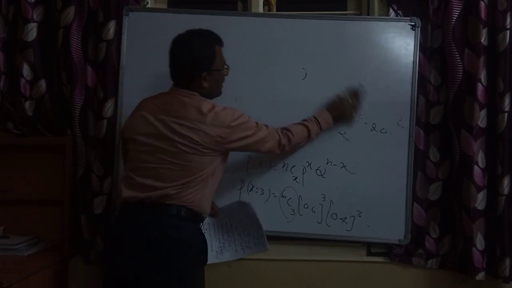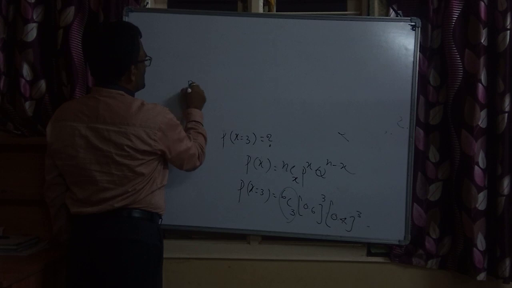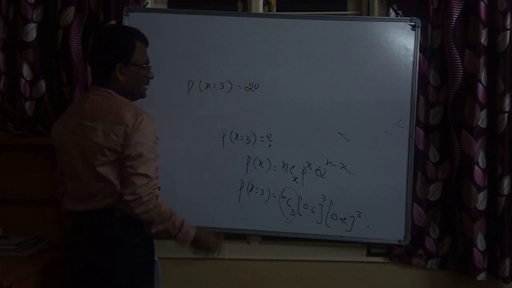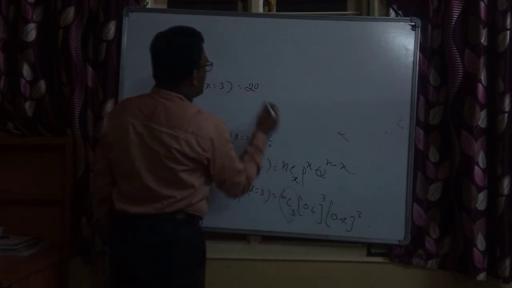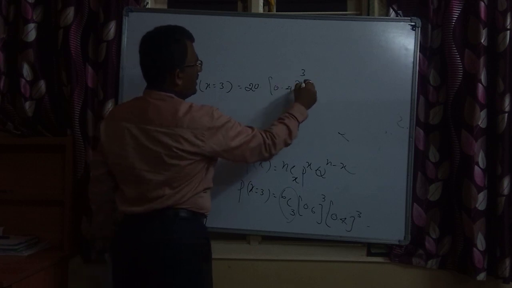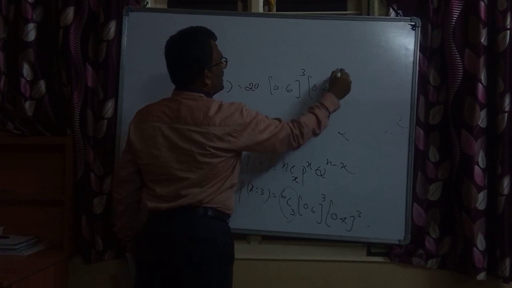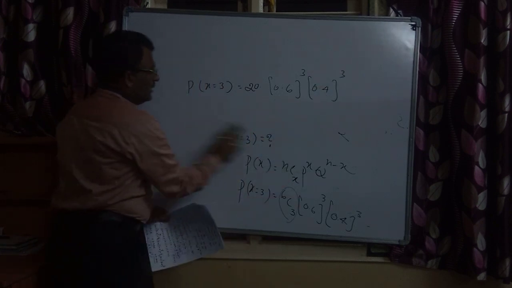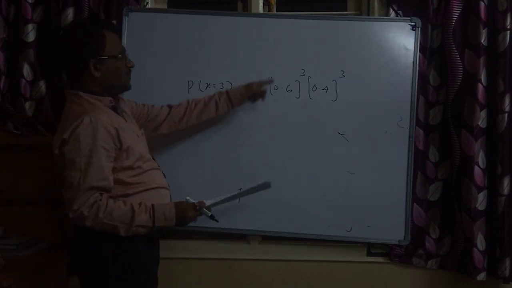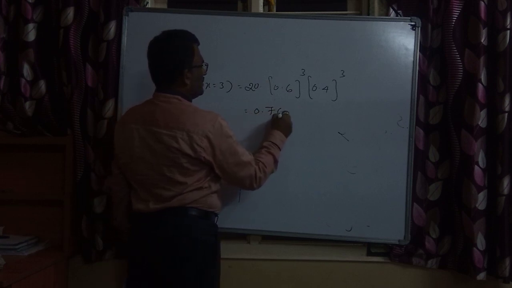So P of X is equal to 3 is 20 multiplied by 0.6 power 3 and 0.4 power 3. Just use your simple calculator. I have the value already simplified: this is equal to 0.76.